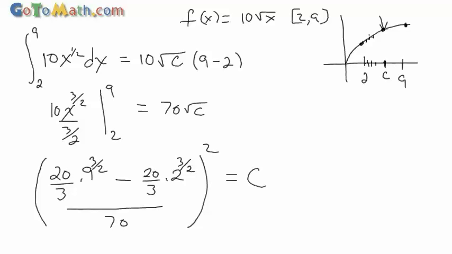Times 20 over 3. I just went ahead and factored out all that. Divide that by 70. I got 2.3025 so far, 2.30205, and so on. Square that and run for the mountains.